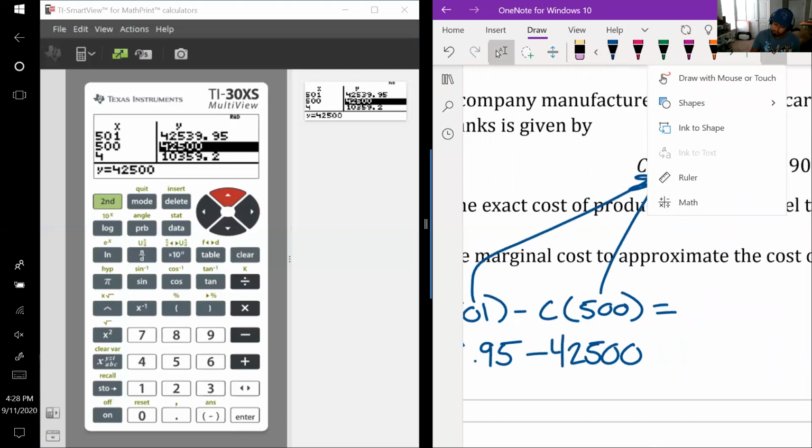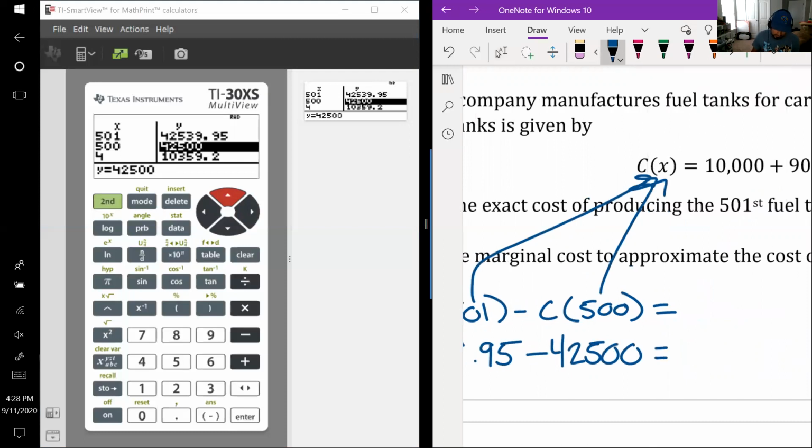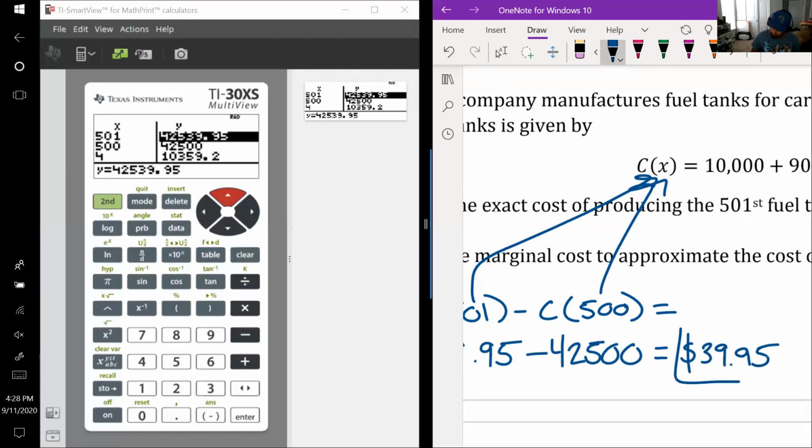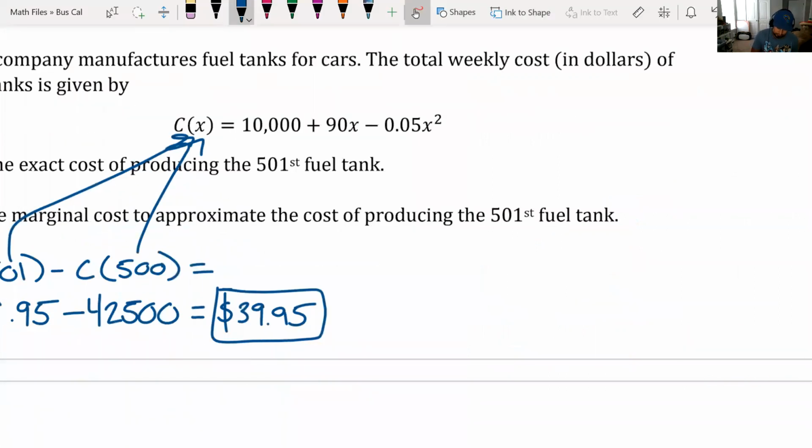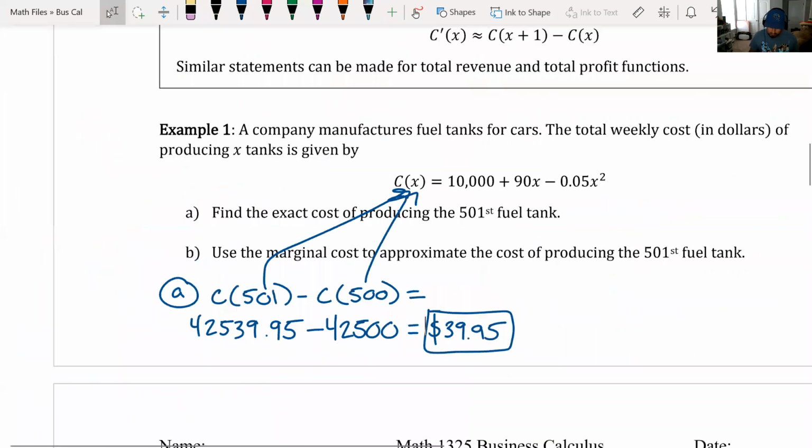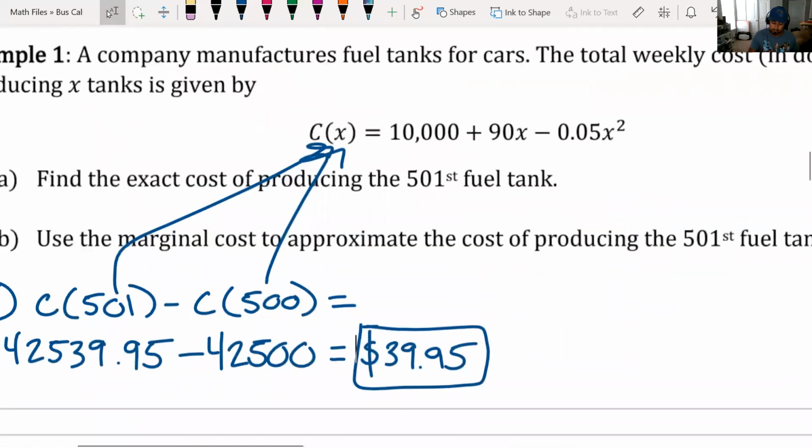When you subtract the two, 42,539.95 minus 42,500, the exact cost is 39.95. That is the exact cost. We'll come back to the calculator in a second. So this is A, the exact cost. That's all we have to do.